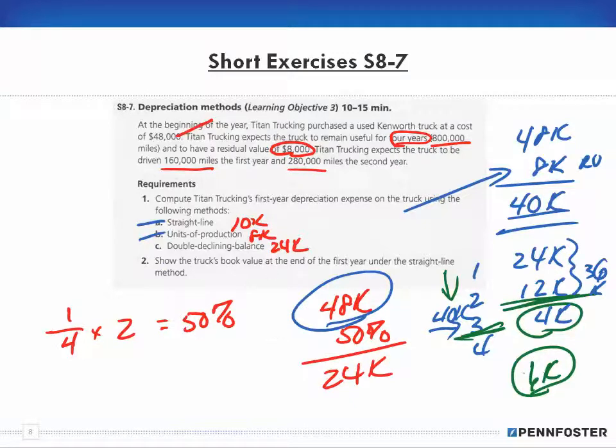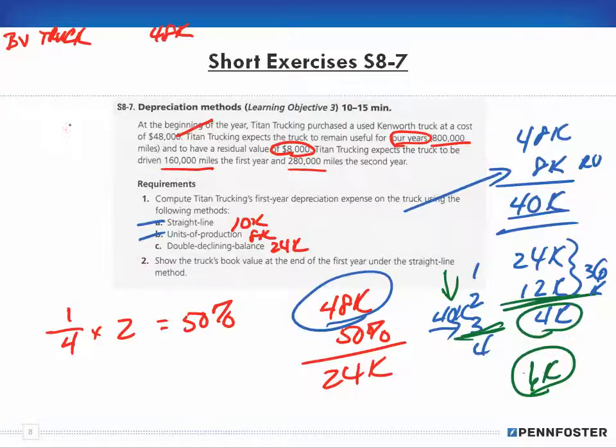Number 2, show the truck's book value at the end of the first year under the straight line method. My book value for the truck will be my 48,000.